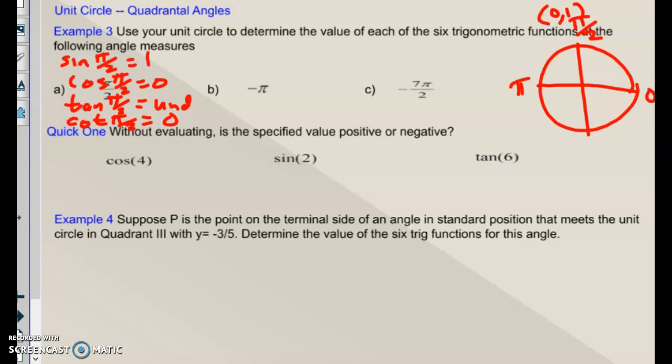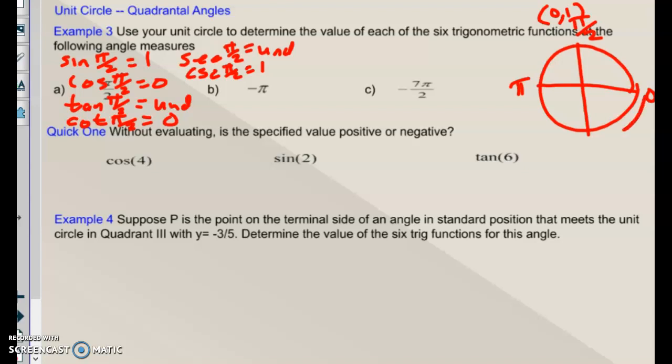And then the secant of pi over 2 is going to be the reciprocal of cosine, and the reciprocal of 0 is undefined again. And if I do my cosecant at pi over 2, that's the reciprocal of 1, and that gives me 1.